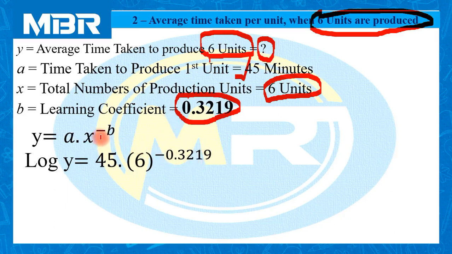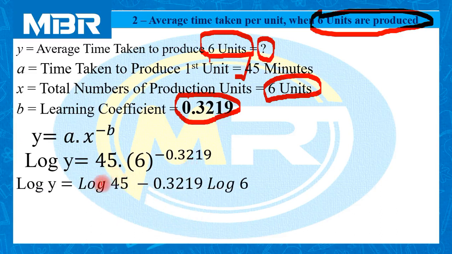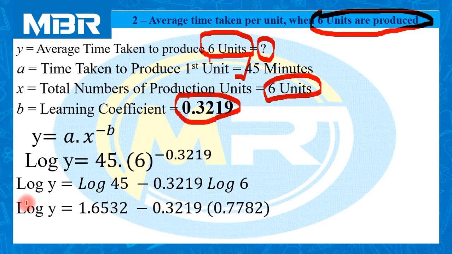As a part of the formula it is minus 0.3219 because the effective time gets reduced, and that is why it is decreased or minus. Now insert the value of log. Log y is equal to log 45 minus 0.3219 log 6.